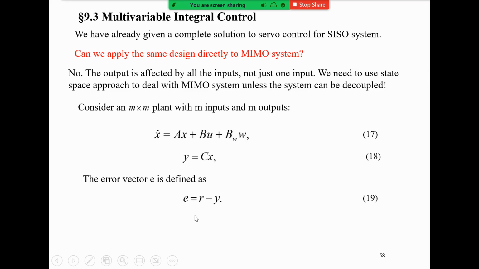That is the difference between the reference input and the output. Now this E is no longer a scalar, right? It is a vector. What is the objective? We want to make this error, like all the tracking errors, go to 0, not just 1.